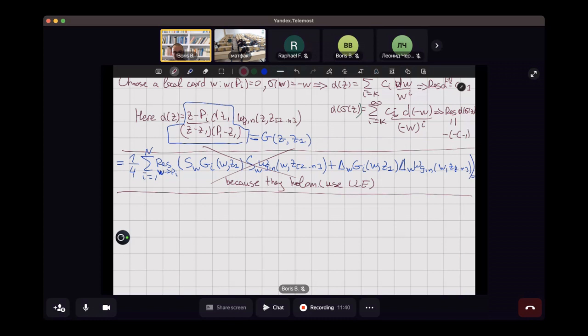There will be two extra terms, and we will explicitly write them. So let's denote this expression as Q g n; let's see if we'll need it.